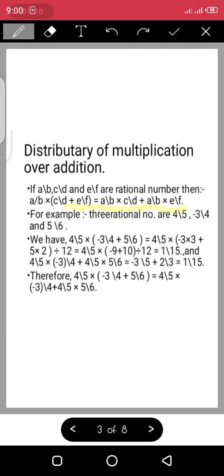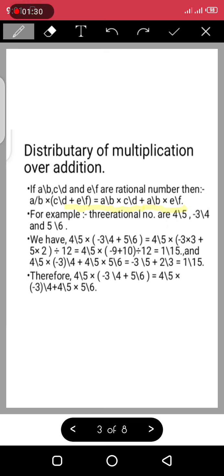So according to distributivity of multiplication over addition, it is in the form of a/b × (c/d + e/f) = a/b × c/d + a/b × e/f. Now we can see this through an example.